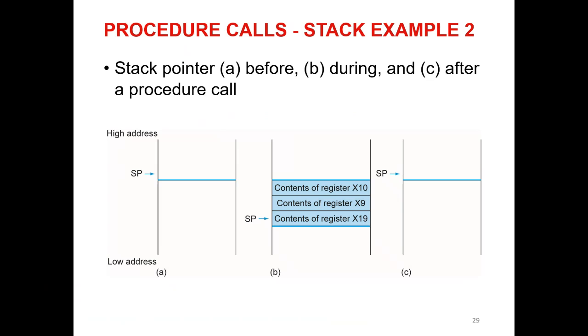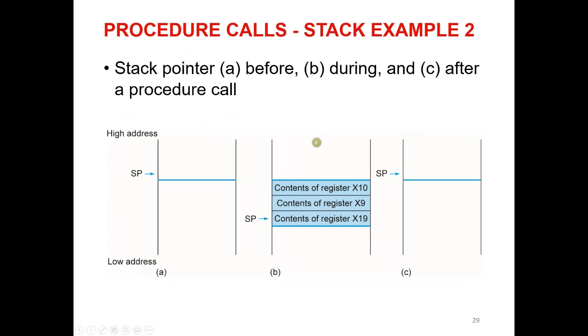So we have this graphically in another example. This is the status of the stack pointer before calling the procedure. The stack pointer points at any place, I don't mind.